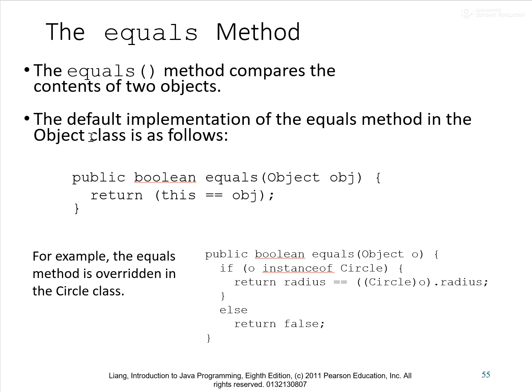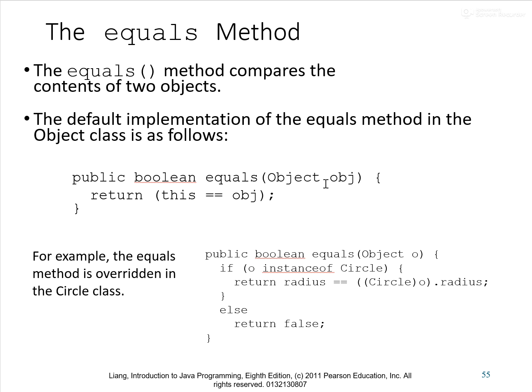So just like the toString method, we inherit the equals method from up high. And this is what's inside the Object class's equals method. It's a public method, returns a true or false, boolean, called equals, and for Object it accepts really anything. And inside it, it just checks if it has a single line.